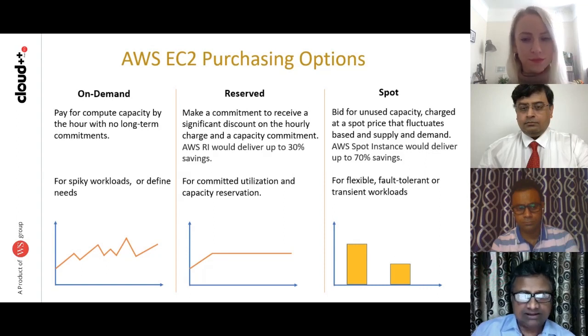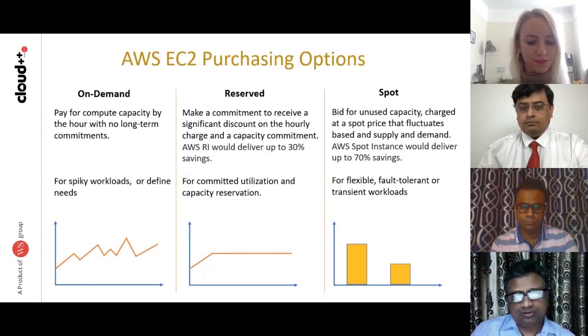In that case, it is always best to book a spot instance. You calculate that the job will take hardly 2 hours, so book it for 3 hours. When you are done, it will automatically be decommissioned, and you'll be paying only for those 3 hours at such a cheap rate.